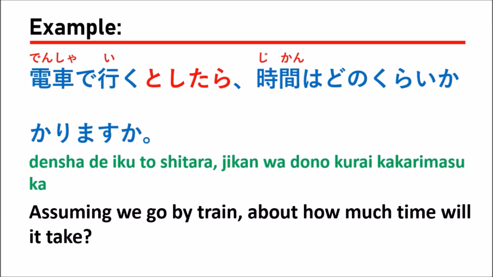And after iku, they follow by toshitara, which means assuming or if, right? 電車で行くとしたら means assuming we go by train, or if we go by train, just the same meaning. 時間はどのぐらいかかりますか？How much time will it take? So in this case, they use the verb in the dictionary form.